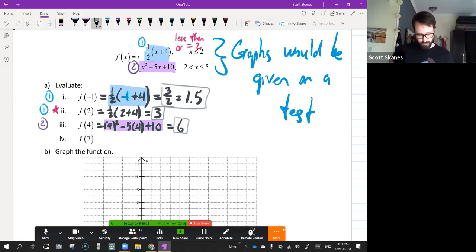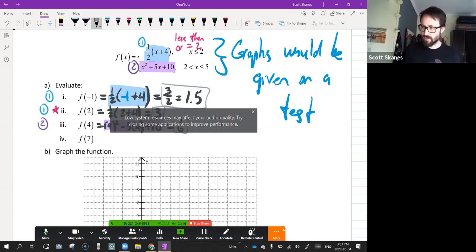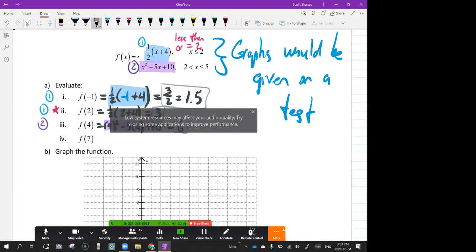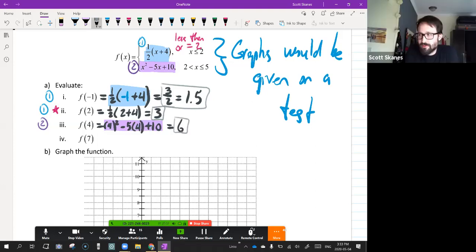Did I work it out correctly? My computer's about to die. And then the last one. Can you still hear me? I just had an issue with the microphone. Yes, we can. Which function, 1 or 2?